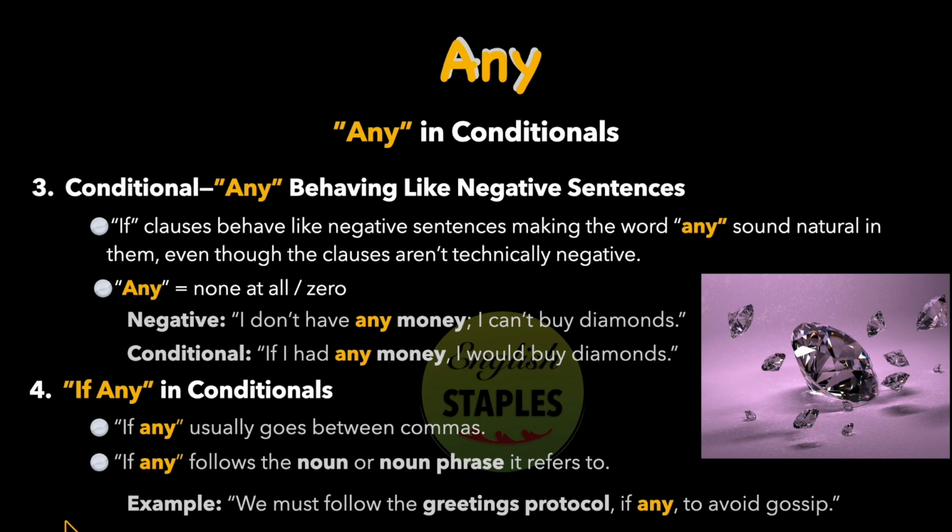Another characteristic of the phrase if any in conditionals: if any follows the noun or noun phrase it refers to. In this sentence, we have a noun phrase, greetings protocol, and if any follows the noun phrase greetings protocol. Do you see that?